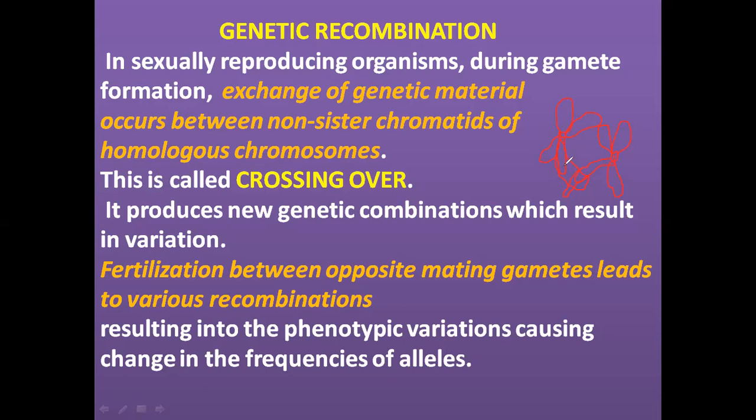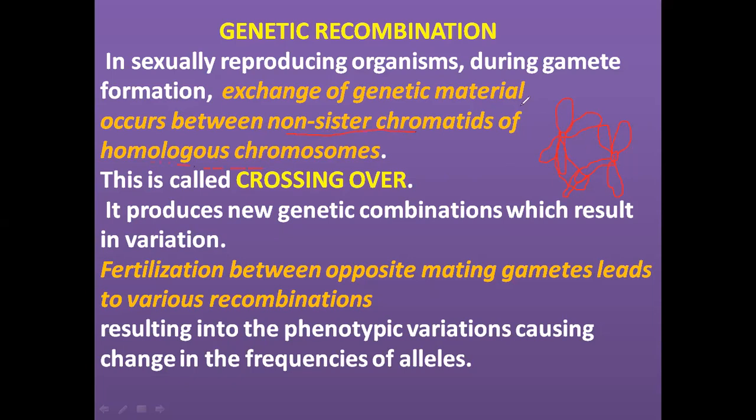So did you get the difference between sister chromatids and non-sister chromatids? These two are non-sister chromatids. Yes, these are the non-sister chromatids. So crossing over takes place between non-sister chromatids of homologous chromosomes.